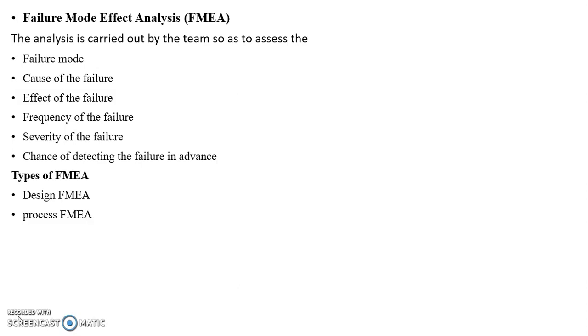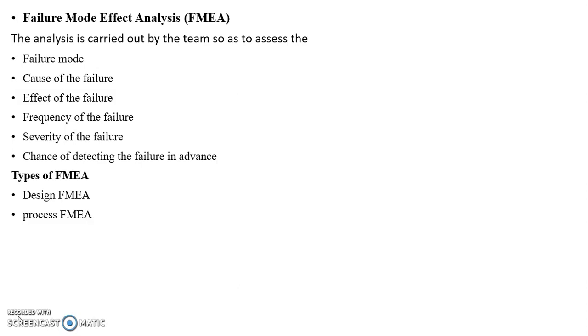Next, the effect of failure. The effect briefly describes the effect of failure on function from an internal or external customer's point of view. This may have an effect on downstream operation. Effect of failure mode might be very serious or no effect from the customer point of view.